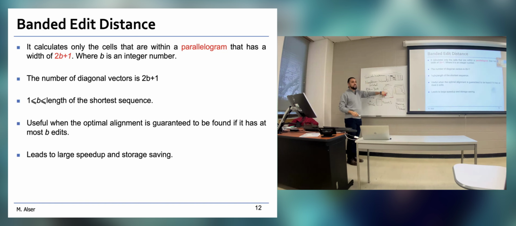Now, do you remember this shape? That is the range where we are going to calculate the cells, and everything else will be forgotten. Okay? We're not going to calculate anything here, anything there. So if this path is not covered in this area, then gone. Then we are not going to calculate the optimal alignment, and we'll give you something else.